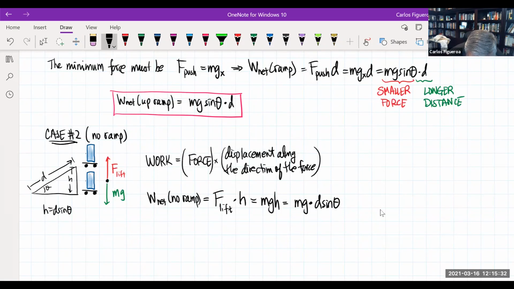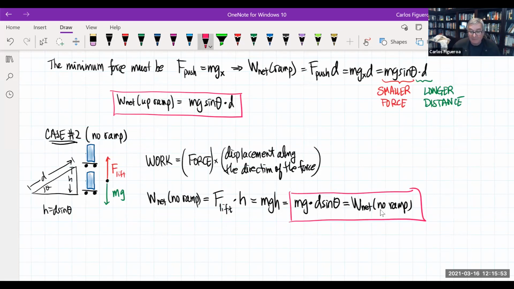Now, with no ramp, the sine is with D. And so this guy is the net weight with no ramp. But check it out.